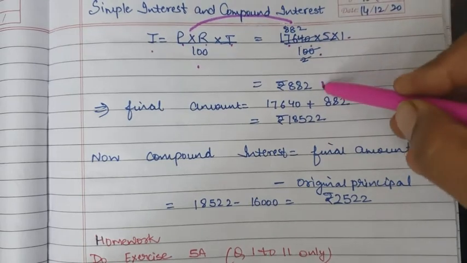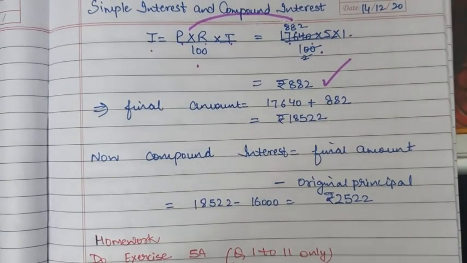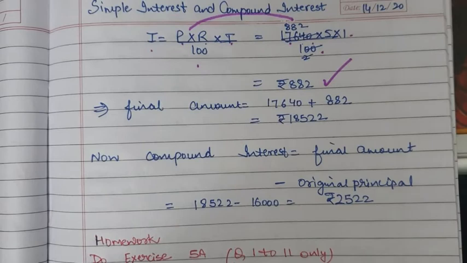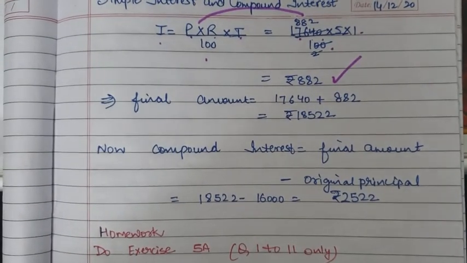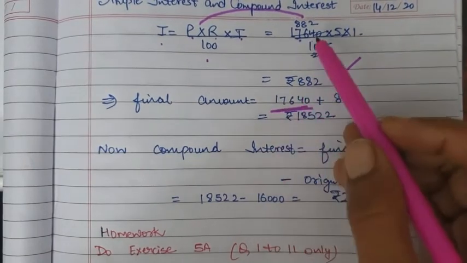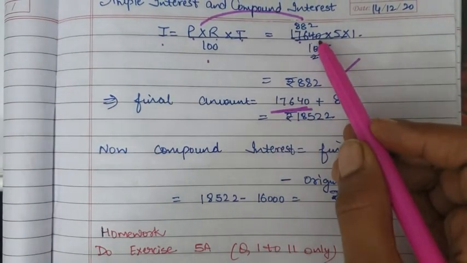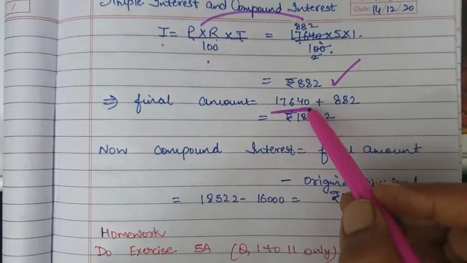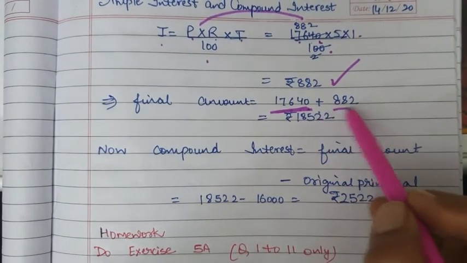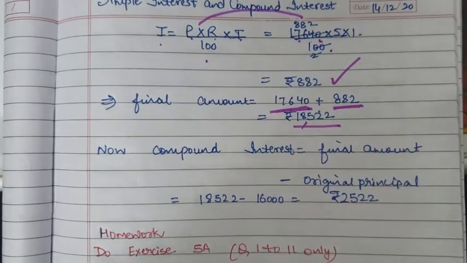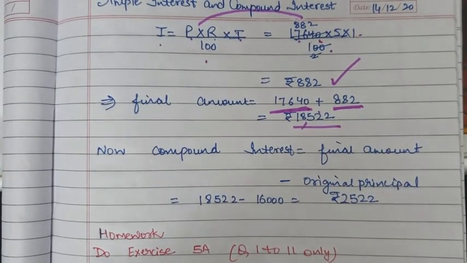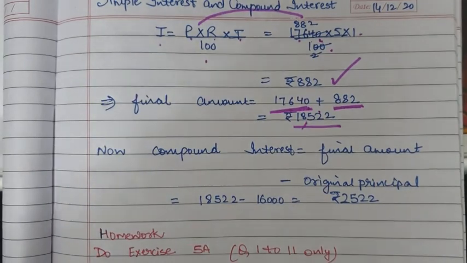We get 882 rupees. So now the final amount will be what? Principal here is 17,640 rupees plus interest. So it gives us 18,522 rupees. This is your final amount.